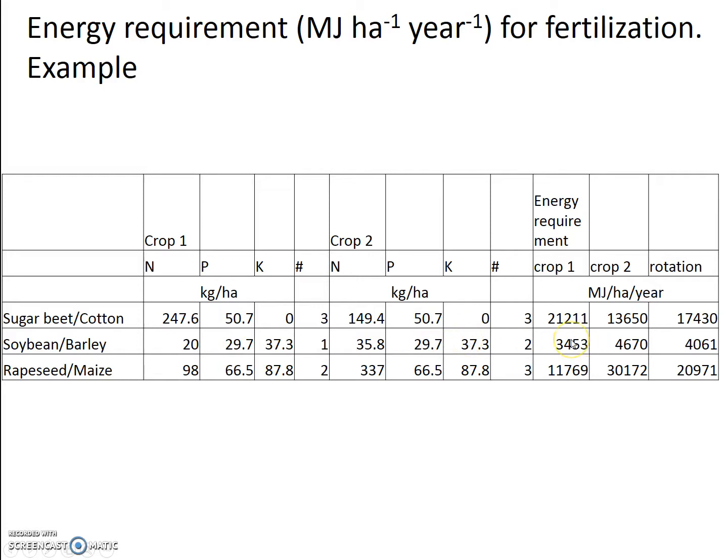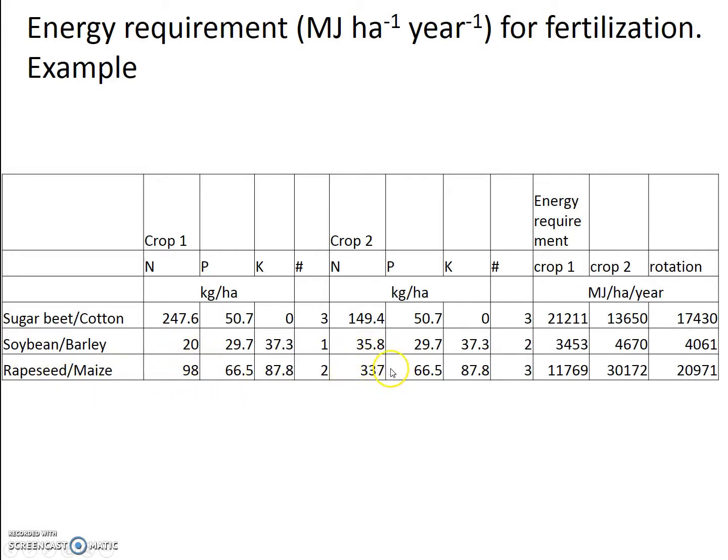Now the energy requirement is close to 3,000 megajoules per hectare per year for soybean and close to 5,000 for barley. The average is 4,000.